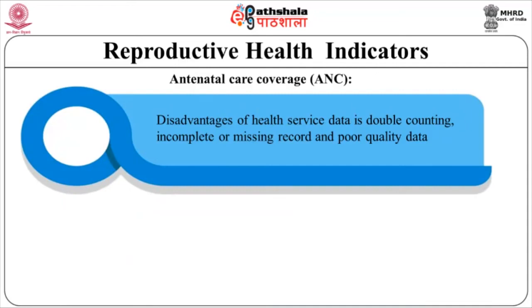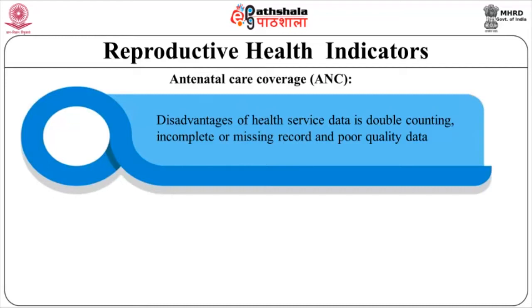The disadvantages of the health services data are double counting, incomplete or missing records and poor quality data, according to Graham et al. in 1996 and according to the WHO stated in 1997.